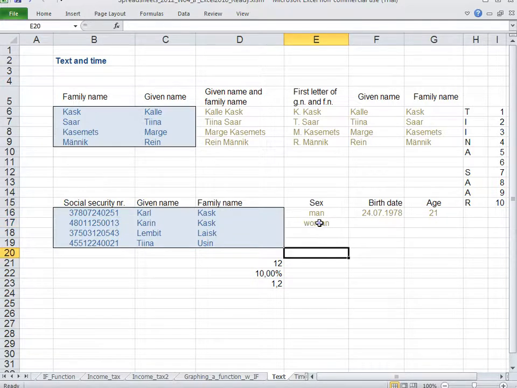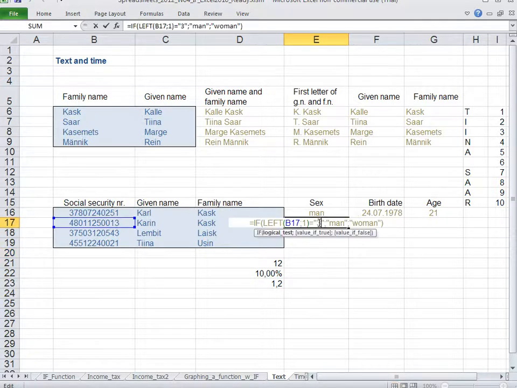Now the second thing is we should also go into a more complex case of this if. Namely, number 3 is actually for a man who was born in the 20th century. There are also people who were born in the 19th century, and for the 19th century number 1 was a man and 2 was a woman. There are none of these alive aged 111 years or more at the moment in Estonia.